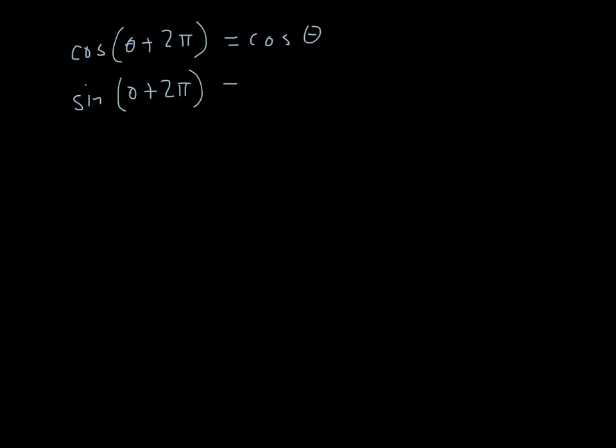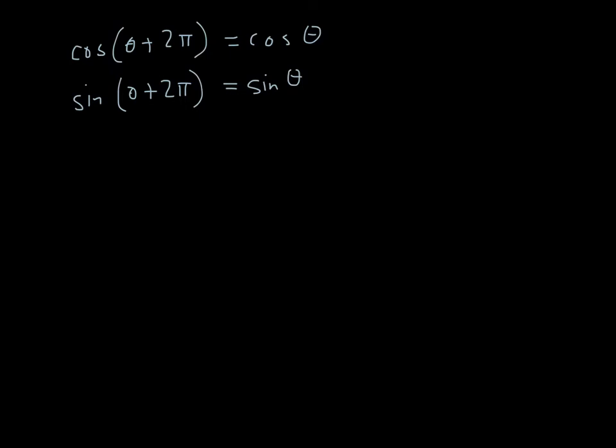So in summary, we have that cosine of theta plus 2 pi is equal to cosine of theta. And we also have that sine of theta plus 2 pi is sine of theta. I misspoke there.